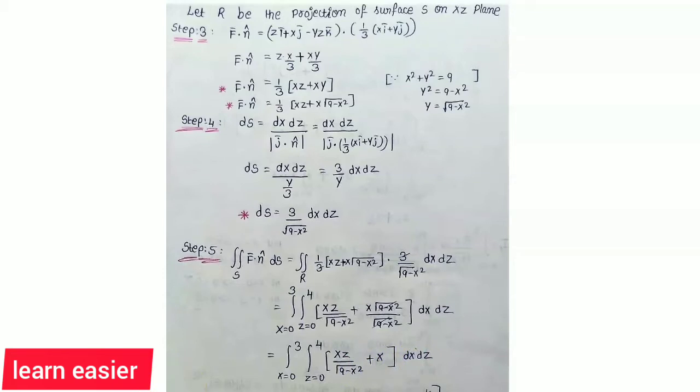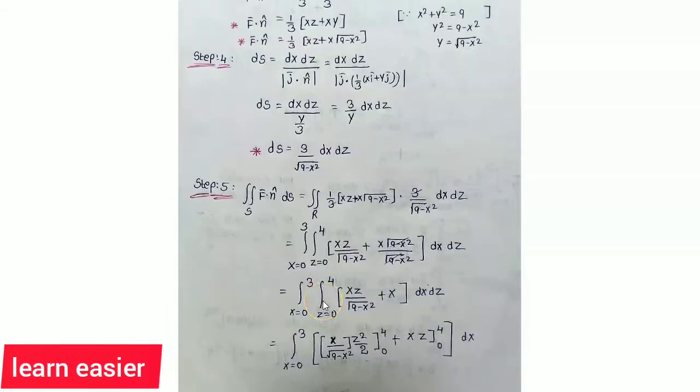Let's integrate them. Here the z limits are from z equal to 0 to 4, because the question itself gives z from 0 to 4, and the x limits are from 0 to 3. How to get the x limits: let's substitute y equal to 0 in this surface, that is x square plus y square equal to 9.